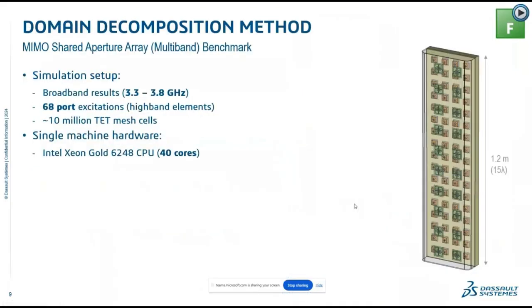In the frequency domain method, we introduced the so-called domain decomposition method a few years ago, which is very beneficial to solve electrically large and complex arrays. As an example, I have a base station array here, which is electrically large, consisting of almost 68 ports for high band elements operating in the sub-6 gigahertz 5G frequency.